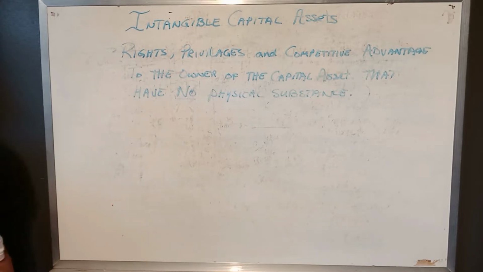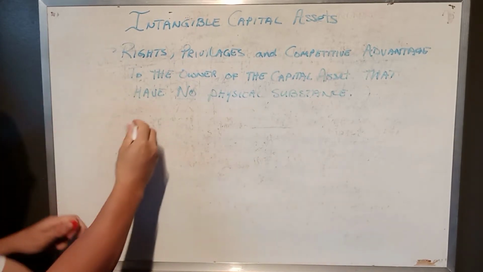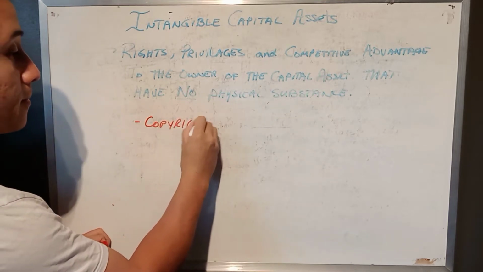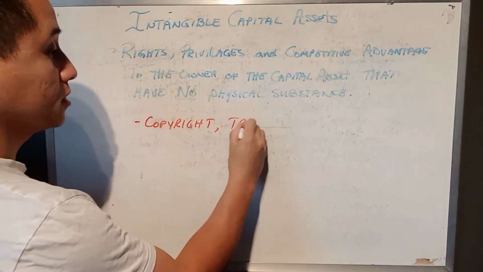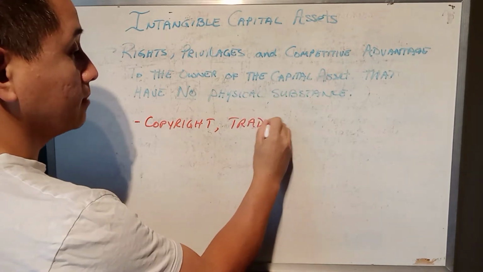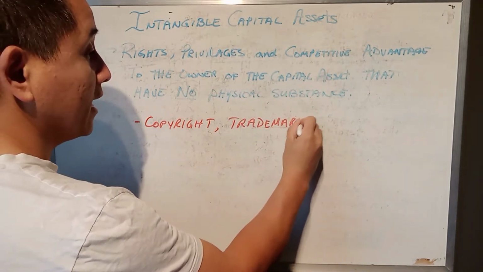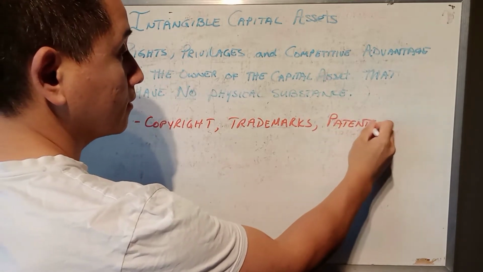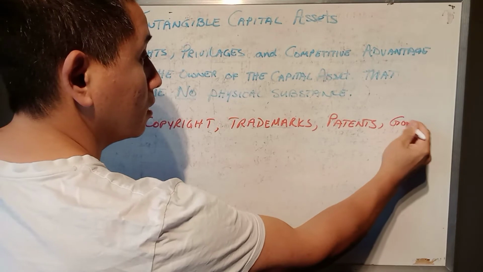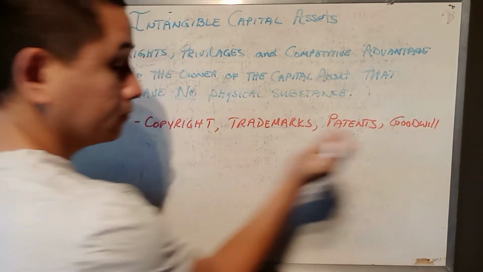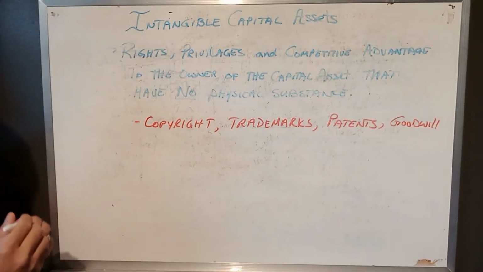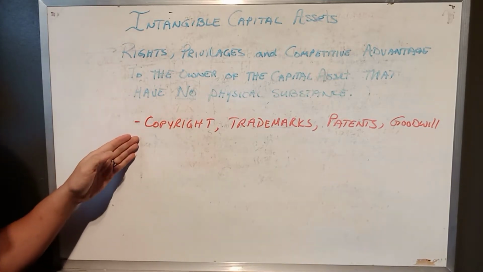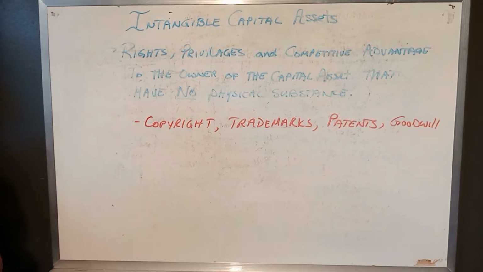Some examples of this would be copyrights, trademarks, which are sometimes also referred to as trade names, patents, and goodwill. Those are some examples, and these are shown separately on the balance sheet.